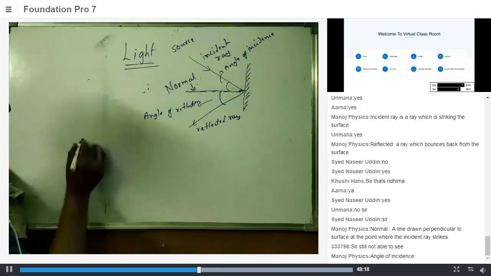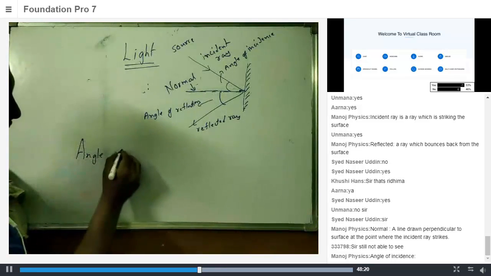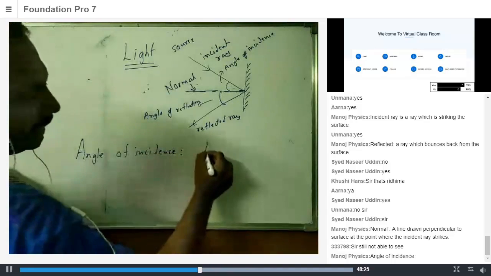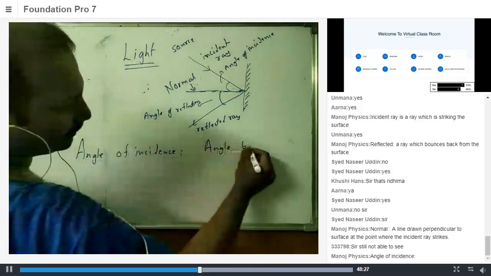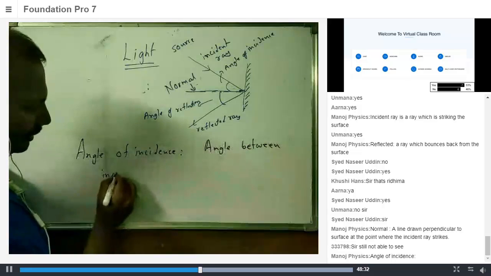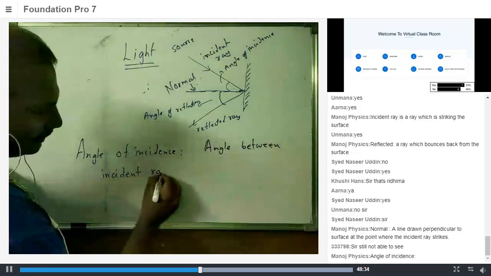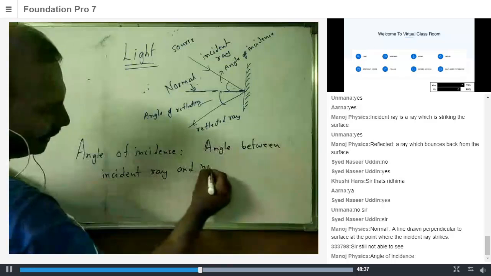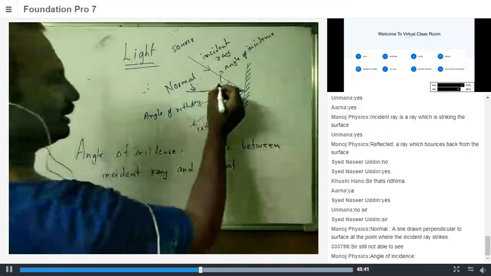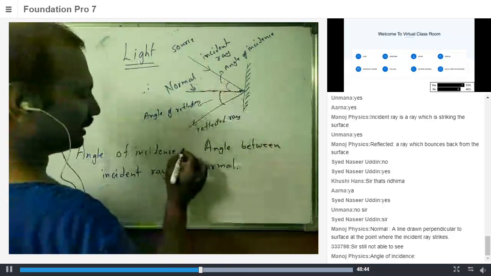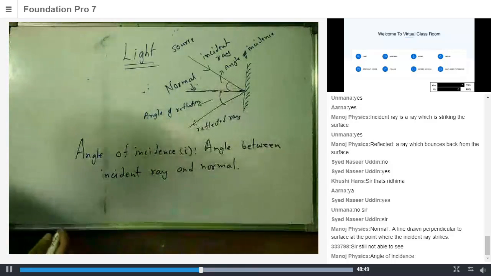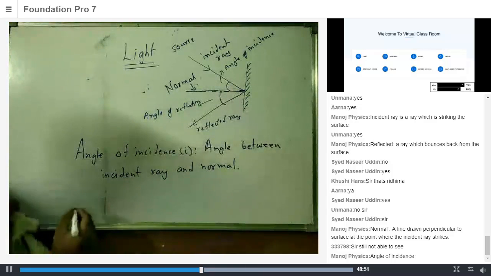You can take down angle of incidence. We'll say it is the angle between incident ray and normal. We generally represent it by I. So the angle between incident ray and normal is called angle of incidence.